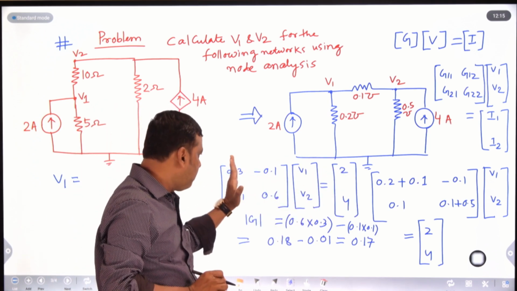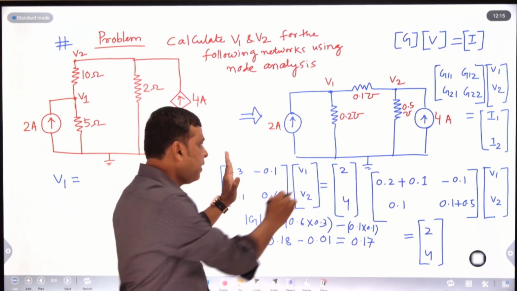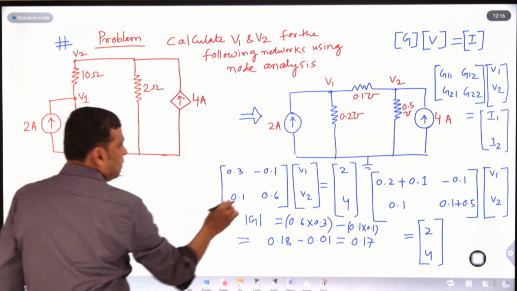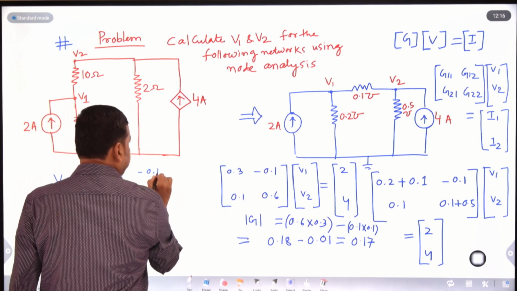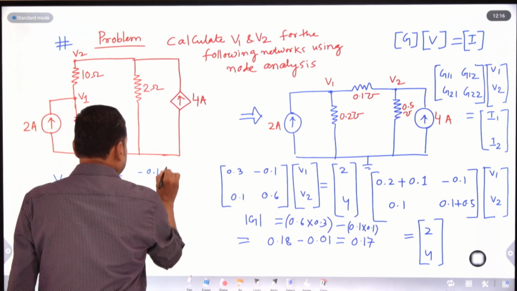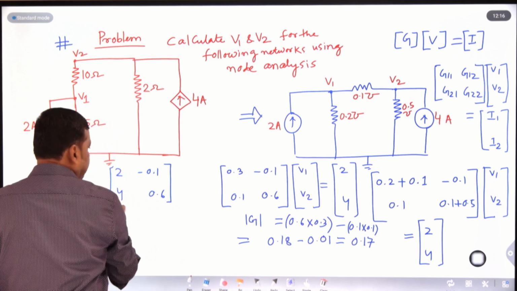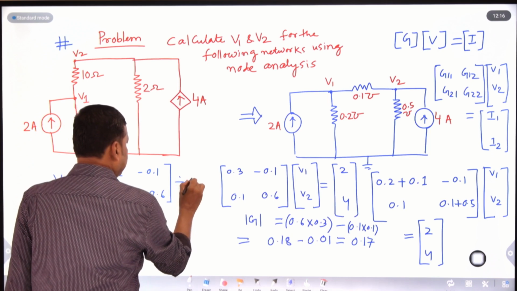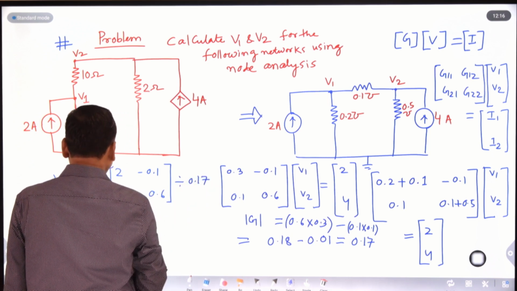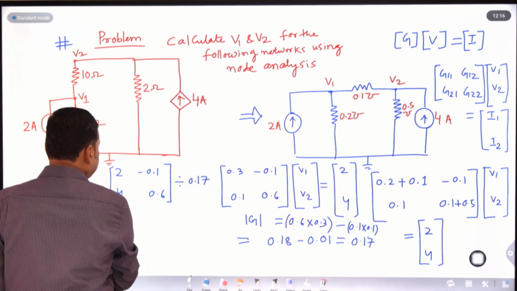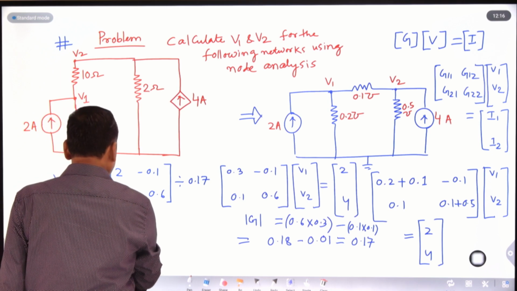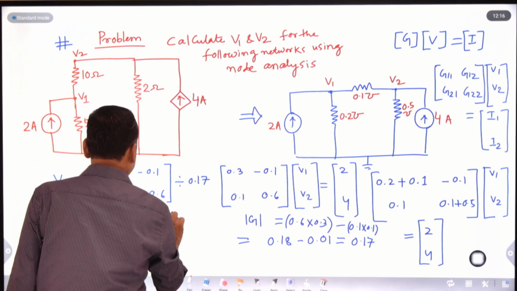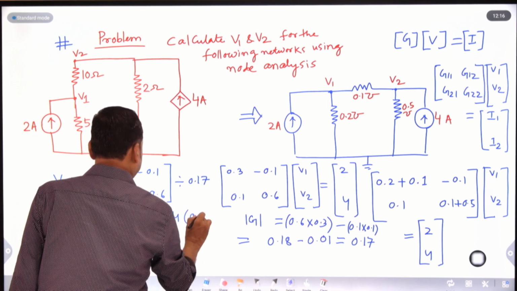When you calculate V1, you close the first column, that is your 2, 4, using Cramer's rule, 2, 4, then minus 0.1, 0.6, divided by the determinant, the conductance G, 0.17. It is around how much? 0.6 into 2 minus, plus 4 into 0.1.